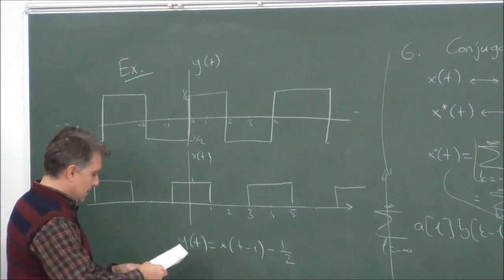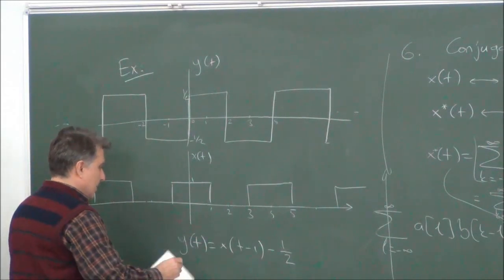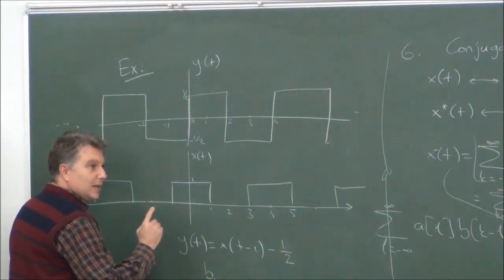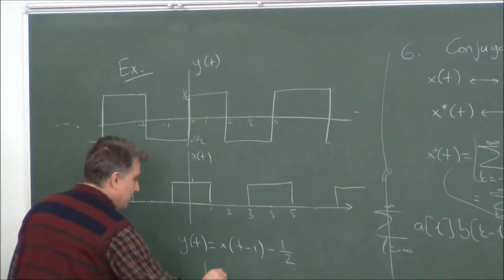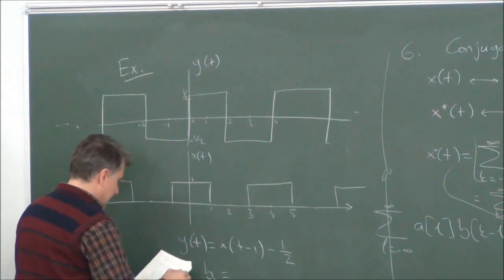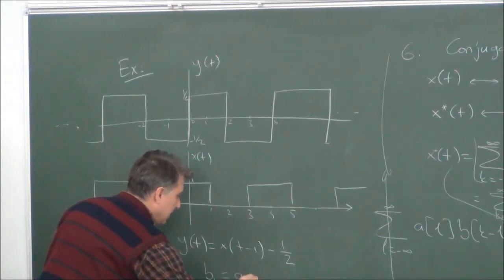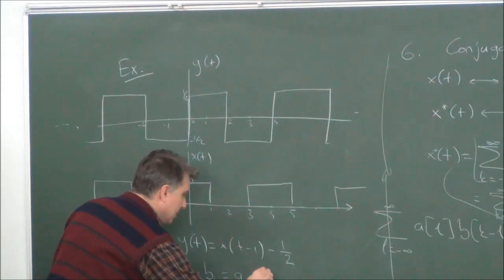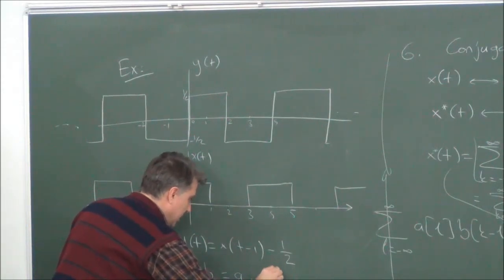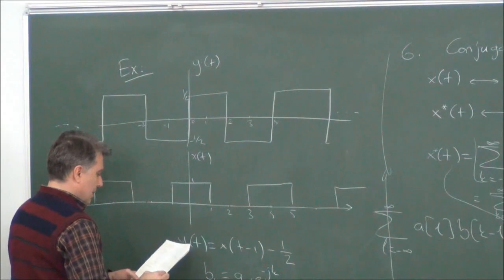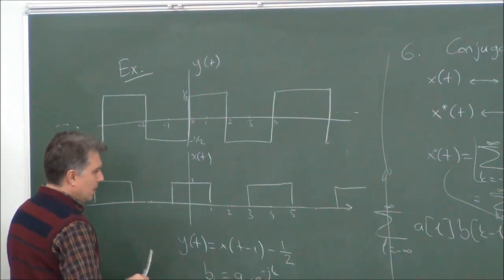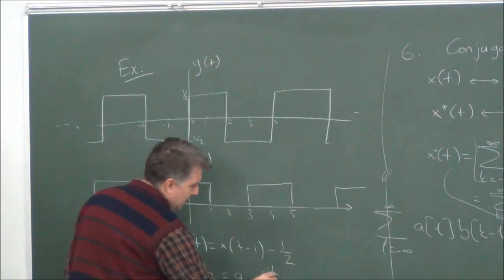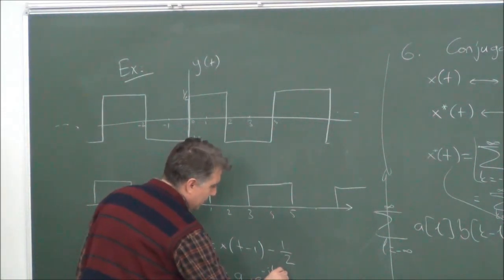So this is the relation between the two, which tells me that for all k's except k is equal to 0, bk of y of t is equal to ak times the proper exponential term, e to the minus jk omega 0 t0.